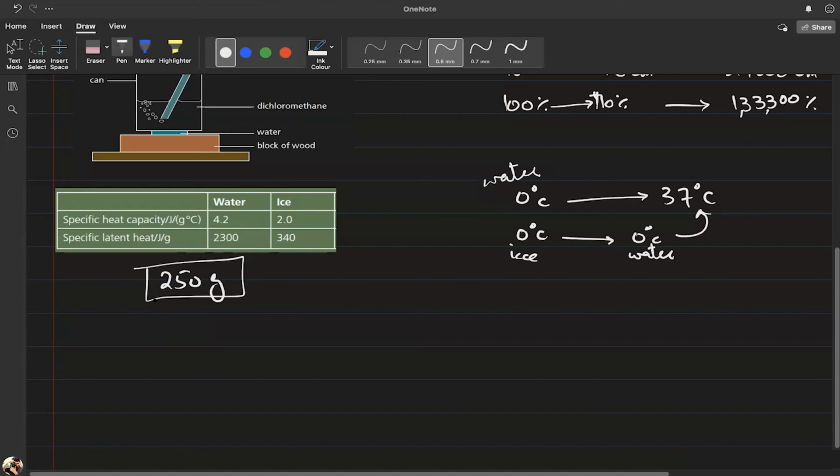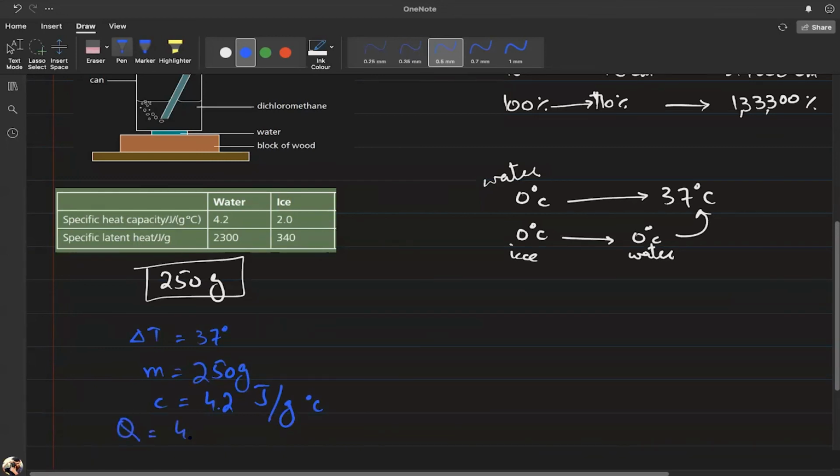So first of all, I have 250 grams, right? When I want to heat water to 37 degrees Celsius, my body will do it for me. So if you drank 250 grams of water, how much energy will you have to give to that water to make it useful? You are increasing the temperature by 37 degrees Celsius, so that's your delta T. Your mass of water is 250 grams, and the specific heat capacity is 4.2.